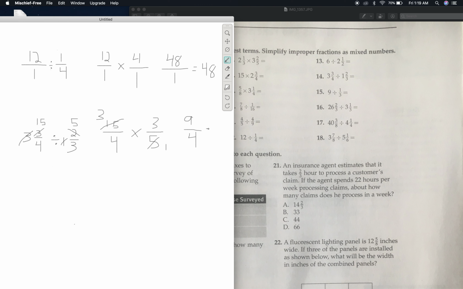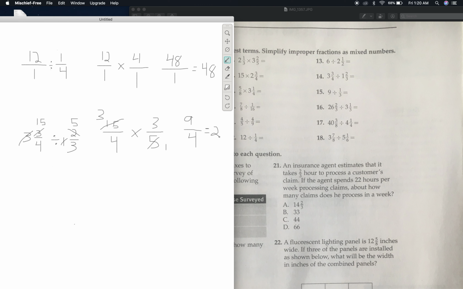Now, like it says, simplify improper fractions as mixed numbers. So this is an improper fraction, and we have to now make it a mixed number. So 4 goes into 9 2 times.